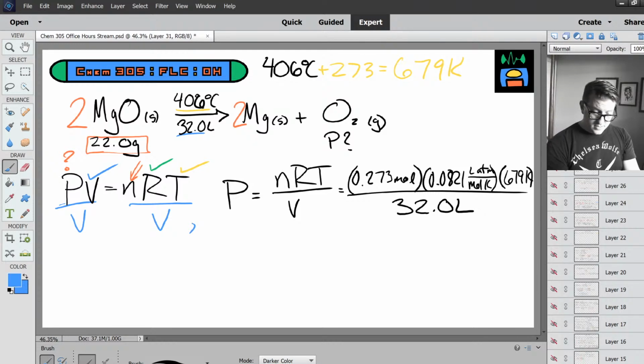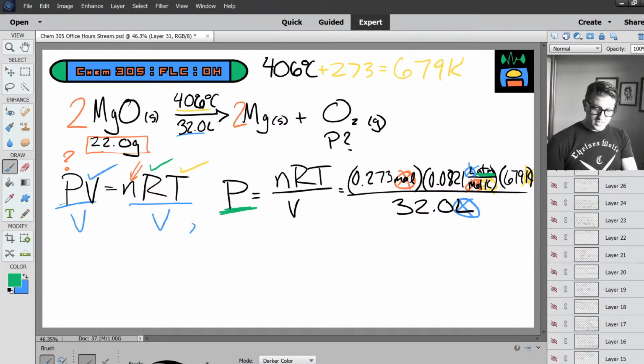Now you'll notice our volume unit cancels. Moles cancel. And our temperature unit cancels because we converted to Kelvin. So we're just left with atmospheres, which is good because we're solving for pressure.